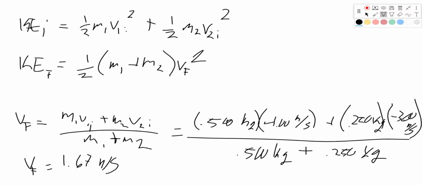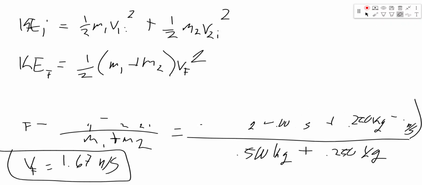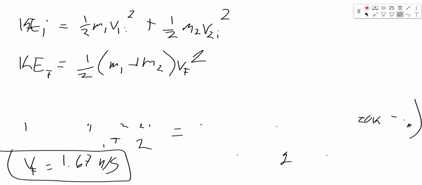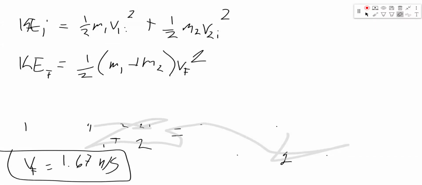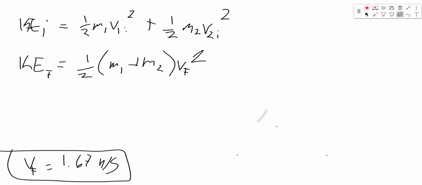Okay, so now that we have that value, we'll just keep it over here in our pocket. We'll erase some of what we've got going on here, and we'll solve for our kinetic energies. Man, I wish there was an easier way to erase this. So now we can plug numbers in to our initial and final kinetic energy equations.